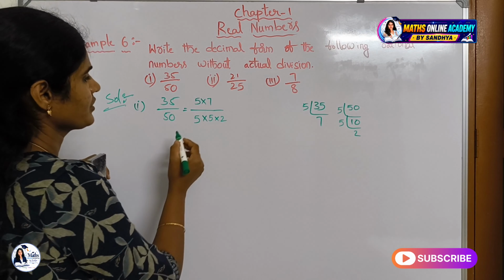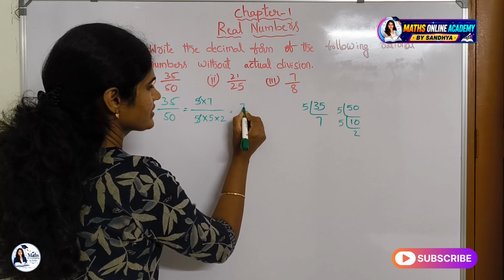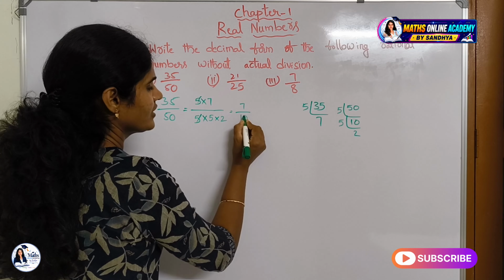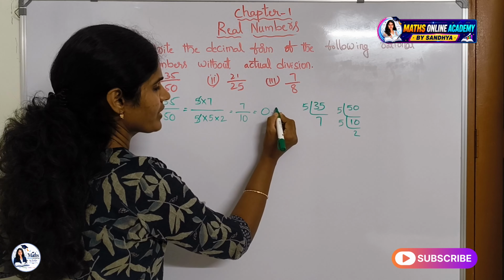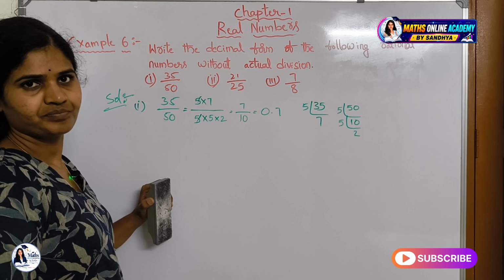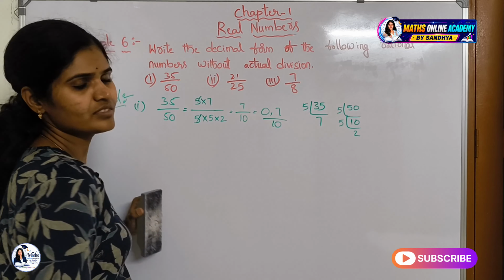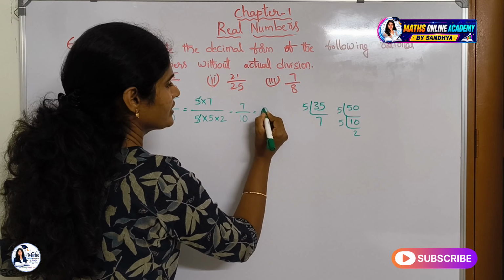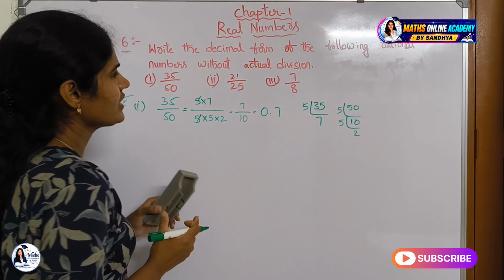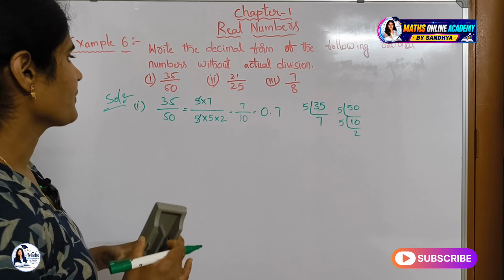Okay, you can cancel 5 and 5. So the final one is 7 by 10. 7 by 10 means you can write in decimal form 0.7. If you remove the point, again the denominator comes 10. So 0.7 is the decimal form of the rational number 35 by 50.